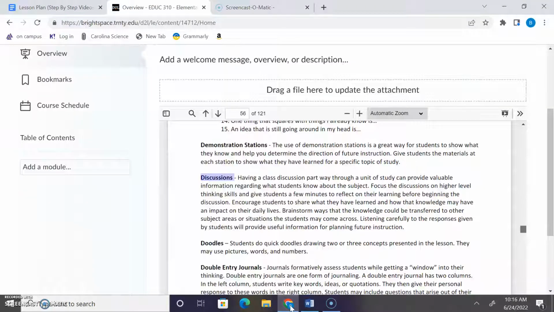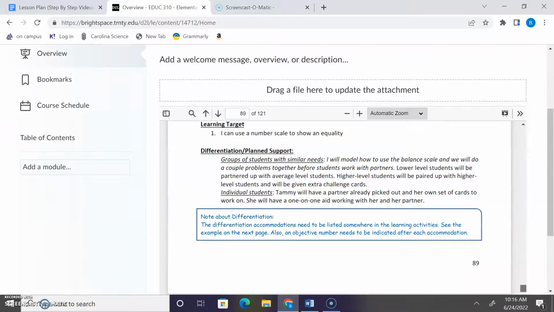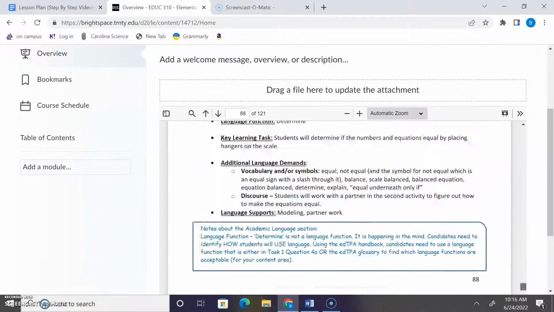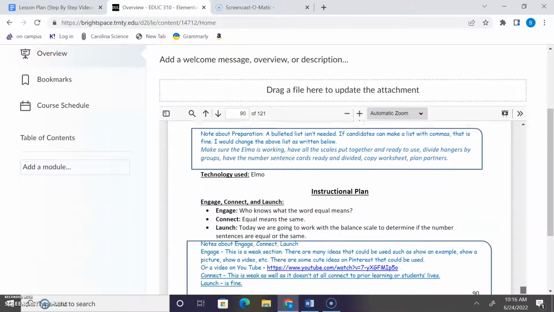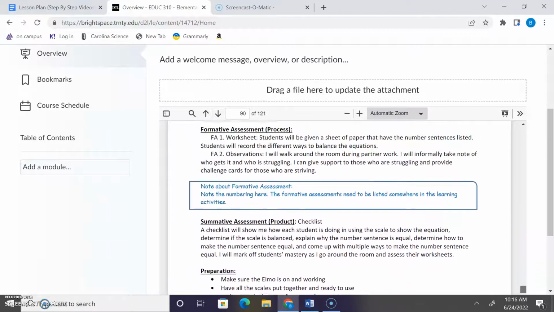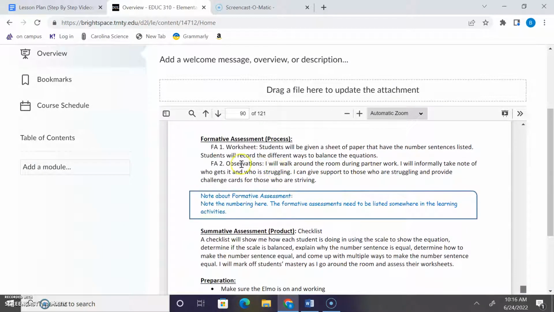Because even if we look at the sample lesson plans towards the very back, your formative assessments, they kind of have an explanation, right, as to at what point you are going to do that.